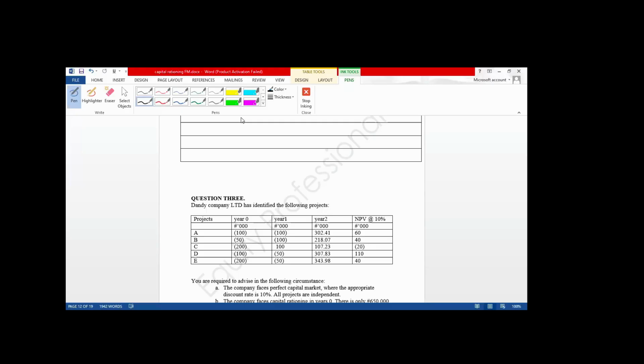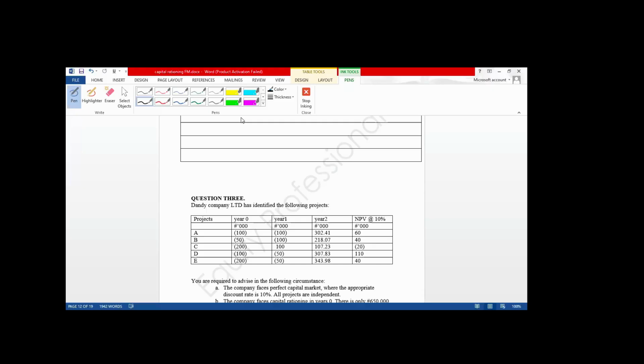Project A, we require 100,000 with an NPV of 60,000. Project B requires 50,000 with an NPV of 40,000. Project C requires 200,000 with a negative NPV of 20,000. Project D, Project E.